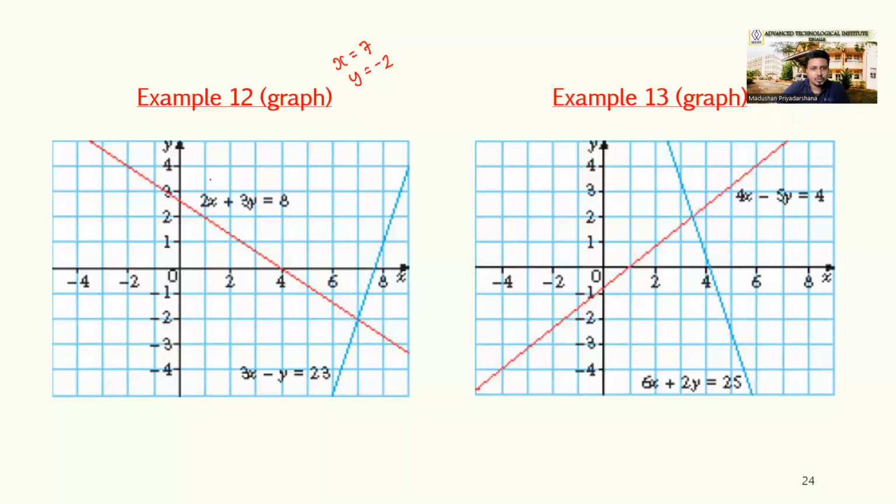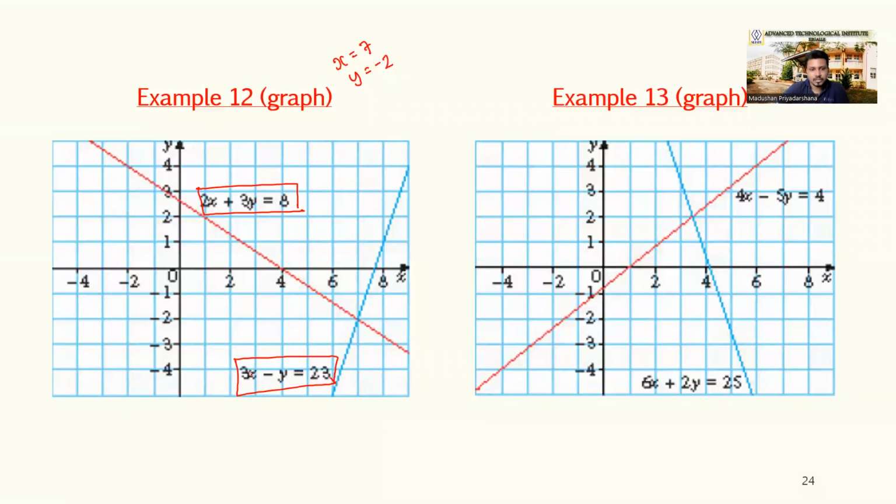See, the two equations given in example 12 are 2x plus 3y equals 8 and 3x minus y equals 23. These have been put onto a graph. If we graph 2x plus 3y equals 8, we will get a straight line denoted in red color.